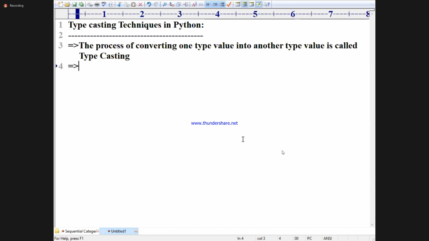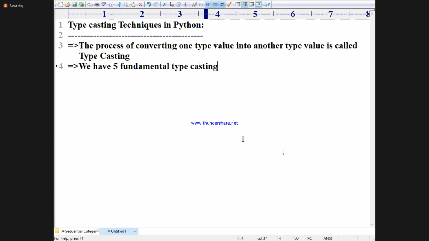Write down. We have 5 fundamental typecasting functions. Actually, I need to write only 4. Why have I written 5? You will come across it at the end of the class.